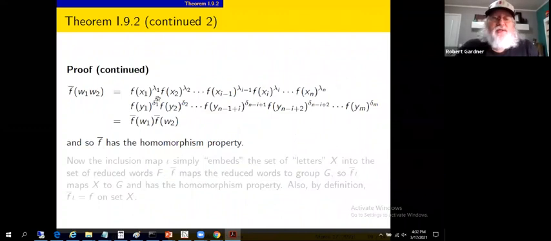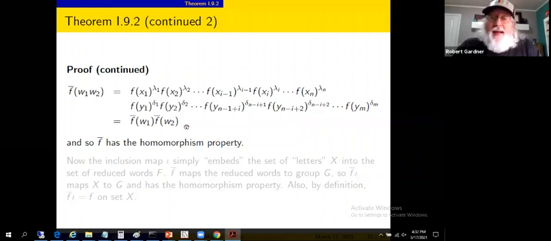On the next slide, I'll just drop these parentheses. So dropping the parentheses, understood this is a product of the first times second line. This is all the X's, this is all the Y's. They've got the appropriate exponents on the appropriate group elements to say this first batch of f of x sub i's times lambda sub i's corresponds to f bar of W1, and the second batch corresponds to f bar of W2.